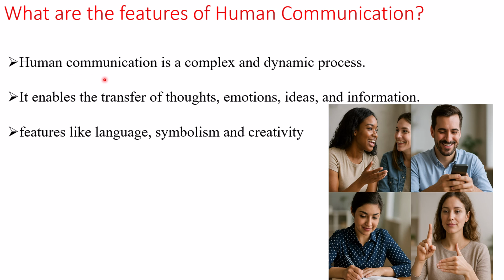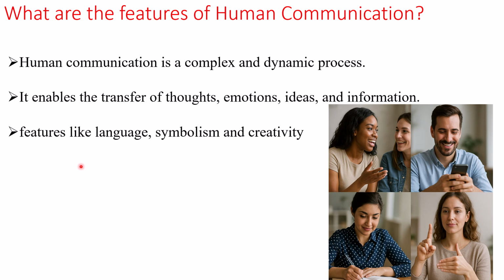Human communication is a very complex and dynamic process. It enables the transfer of thoughts, emotions, ideas, and information. Human communication is distinct from animal communication due to its advanced features.